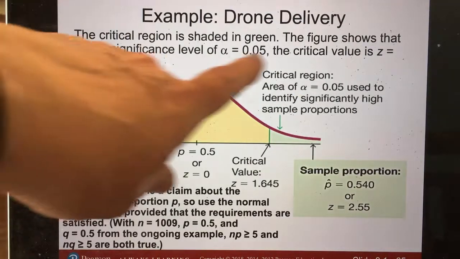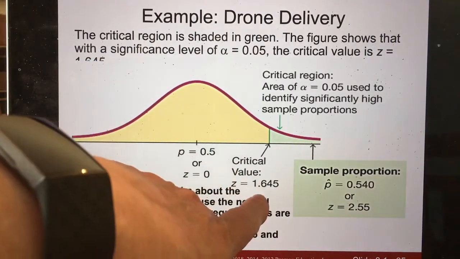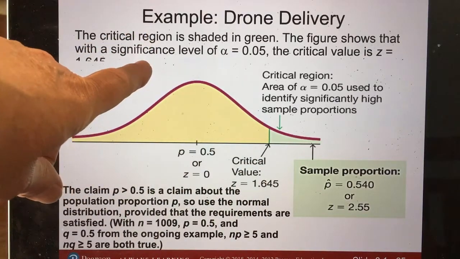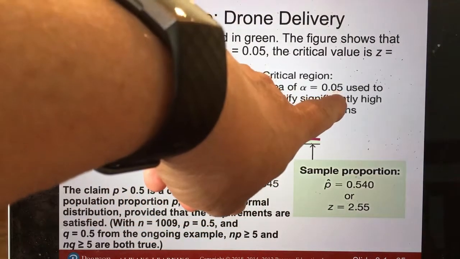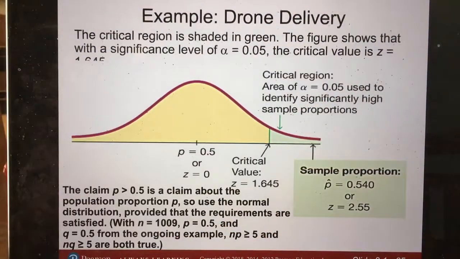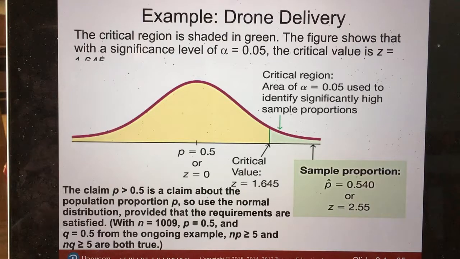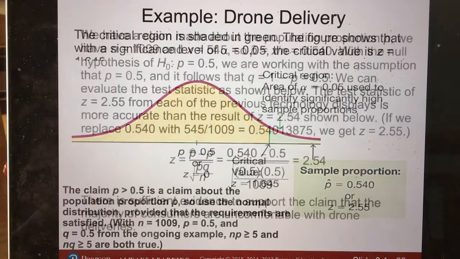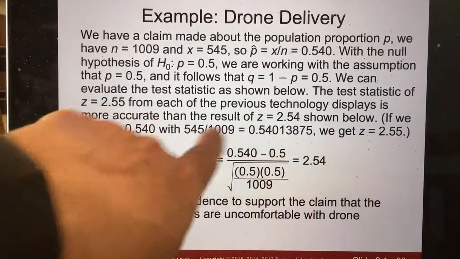And then when we go to that test statistic here, that got cut off right there, but the test statistic that goes with the 95% confidence level, which we're going to use because that's the most normal one that we have, is 1.645, which you can get from your chart. And the claim, so we had our H sub O and H sub A, so this is just a picture of what happens with a hypothesis test. Okay, so then we find our test statistic, 2.54, using the formula.